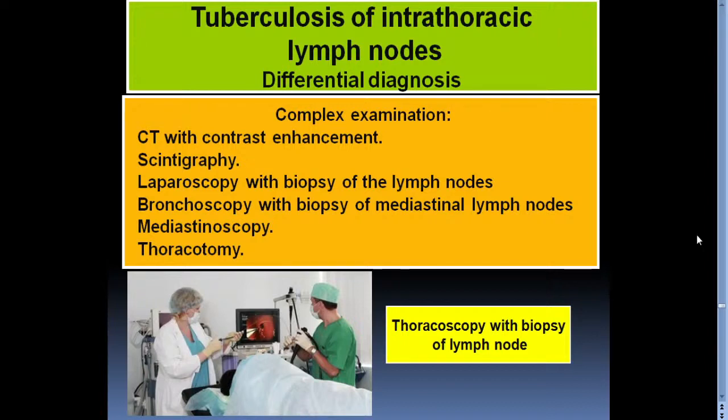Scintigraphy we can use also, laparoscopy with biopsy of the lymph nodes, bronchoscopy with biopsy of mediastinal lymph nodes, mediastinoscopy, and thoracotomy. On this photo you can see thoracoscopy, video thoracoscopy with biopsy of lymph node.